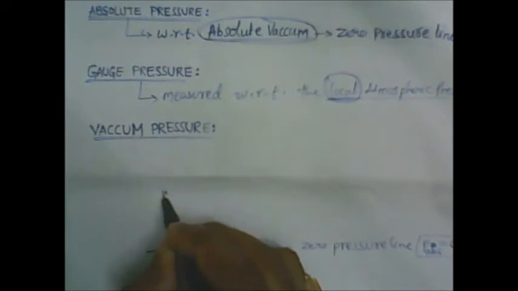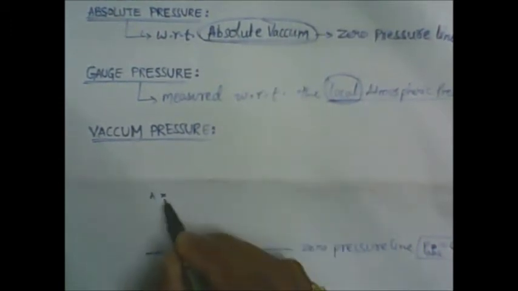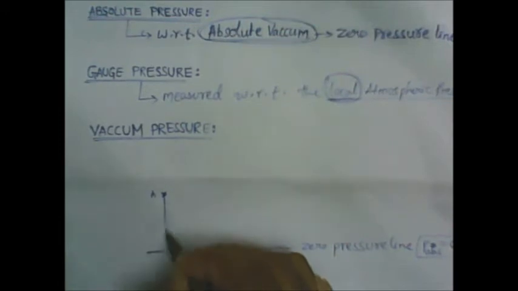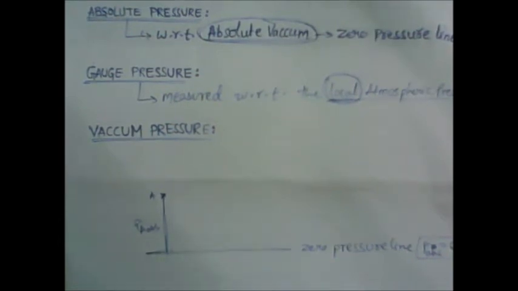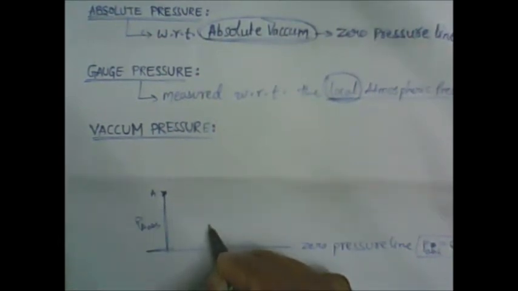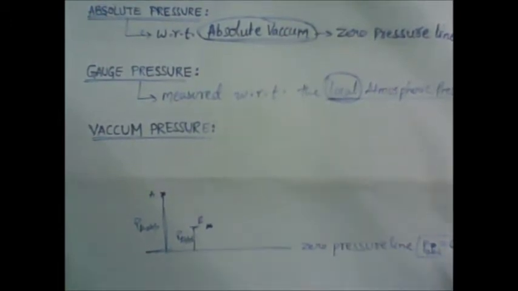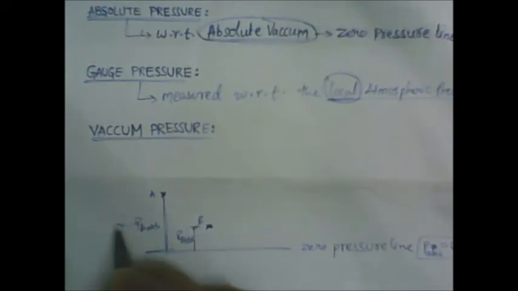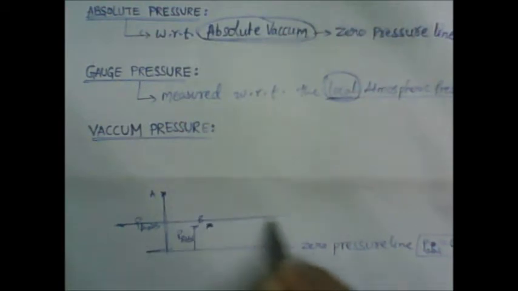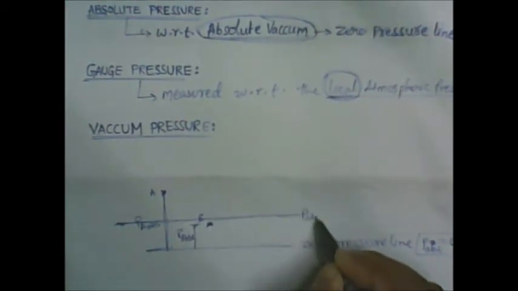Say a certain point A, whose absolute pressure is Pa absolute, and another point B, whose absolute pressure is Pb absolute. And according to the atmosphere or environment or surroundings there, the atmospheric pressure P atmosphere does exist.